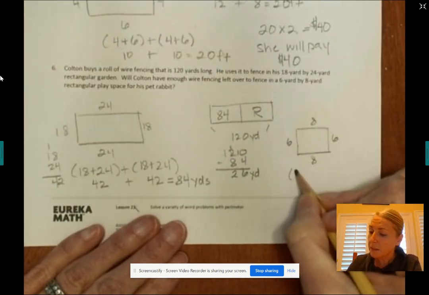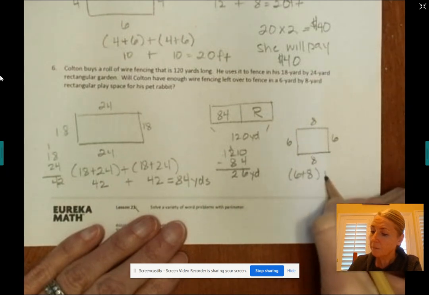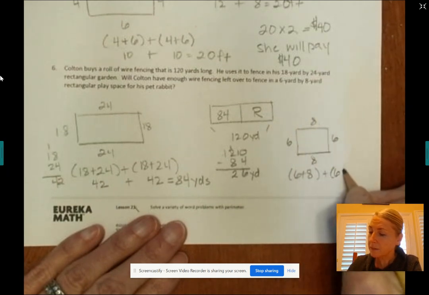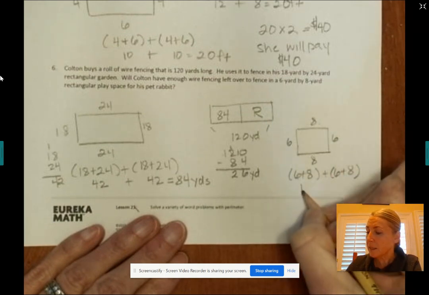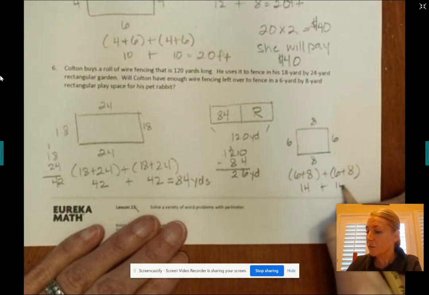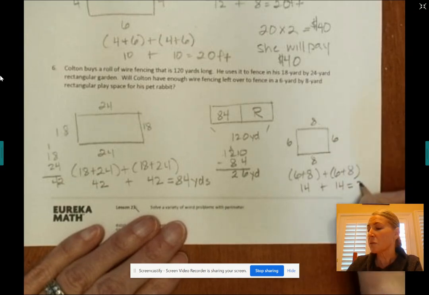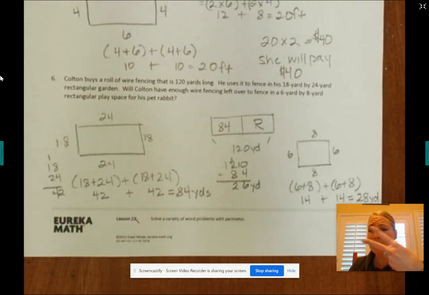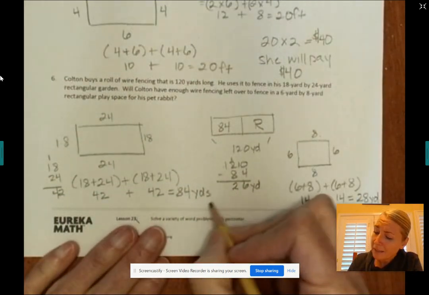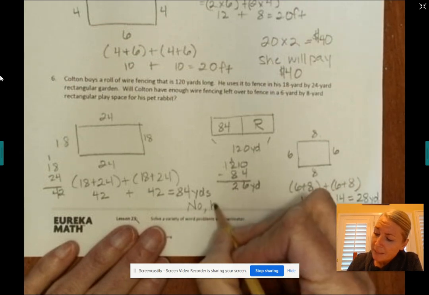So 8 plus 6, right, plus another 8 plus 6 gives us 6 plus 8 is 14 plus 14, which equals 28 yards. So does he have enough? No, but he's only 2 yards short. Okay, no, he doesn't.